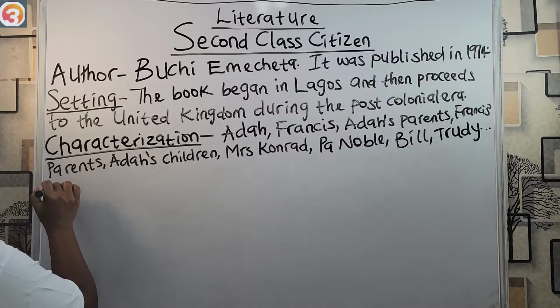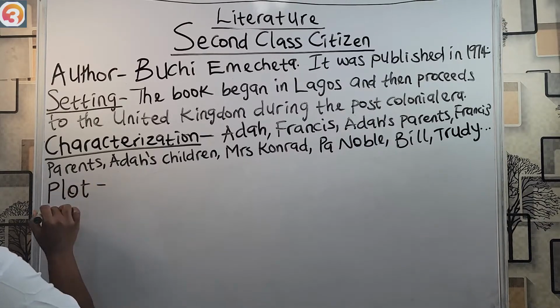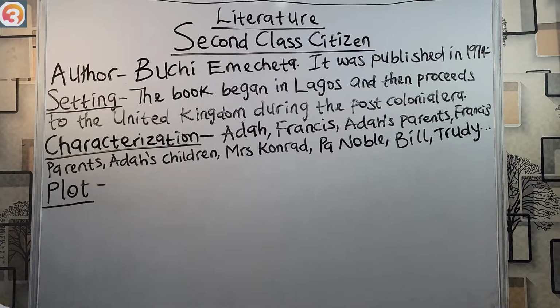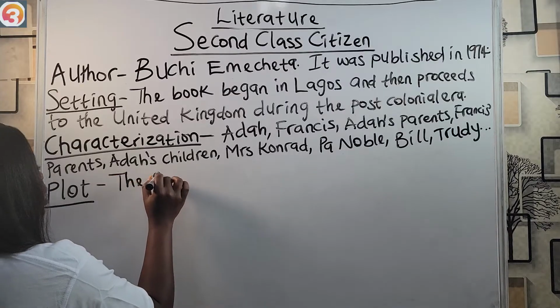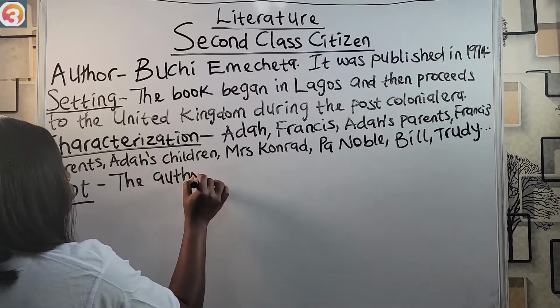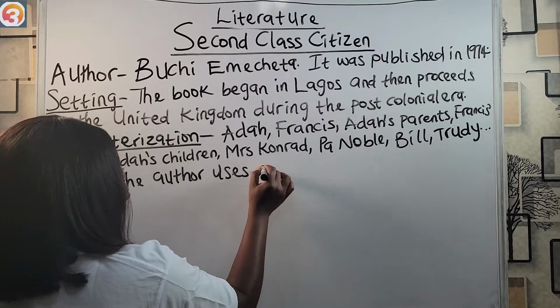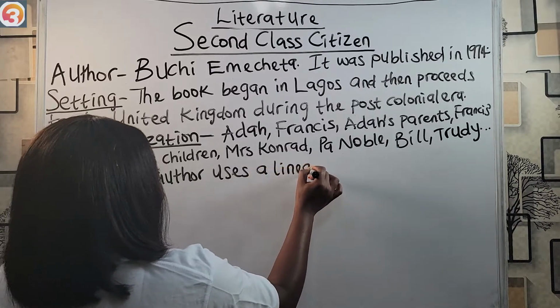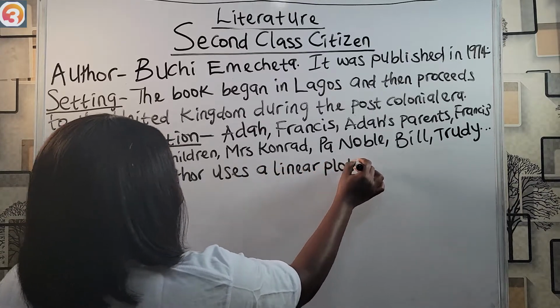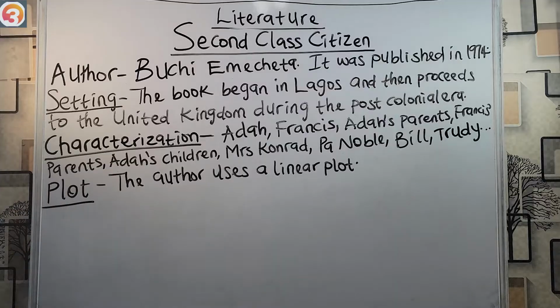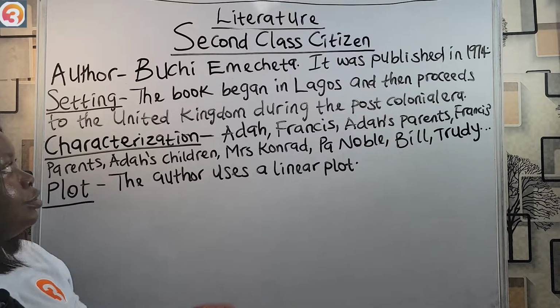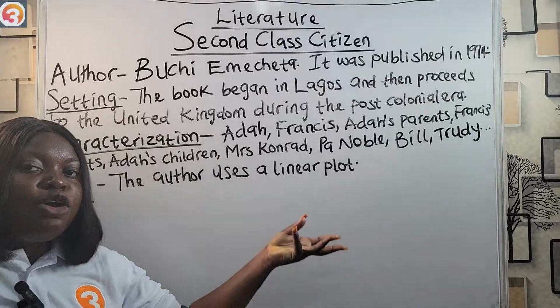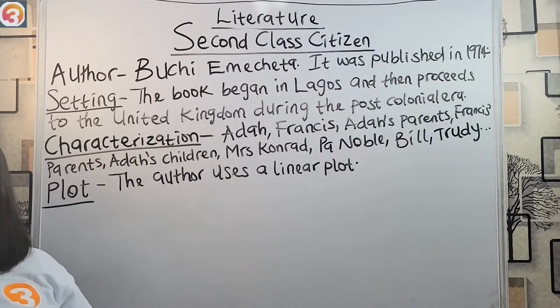Next, we look at the plot. The author uses a linear plot, which means the sequence of events in the story follows a chronological order.